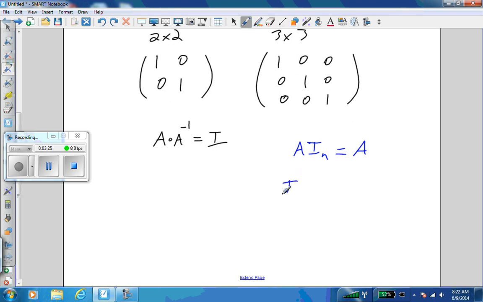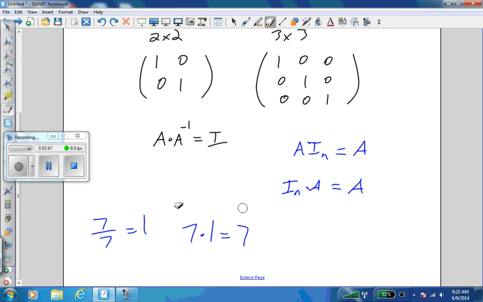Also, we can multiply in the other order. Just going back to what we talked about that being 1, think about if we take a number times 1, what does that give us? It gives us itself.